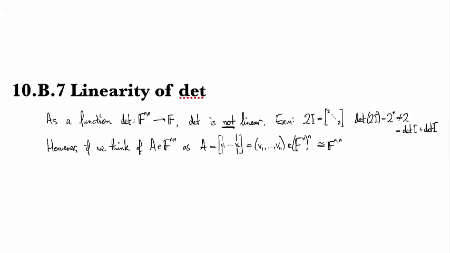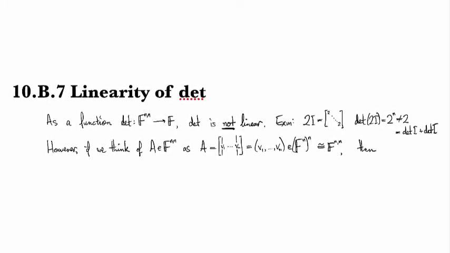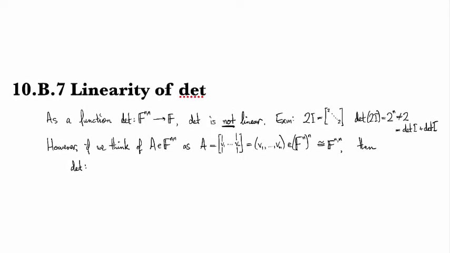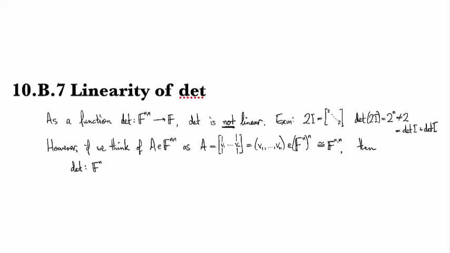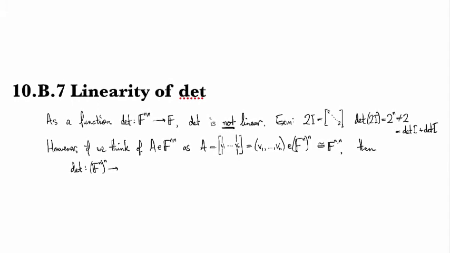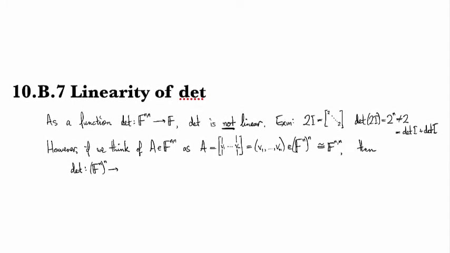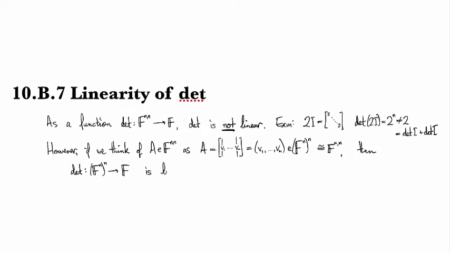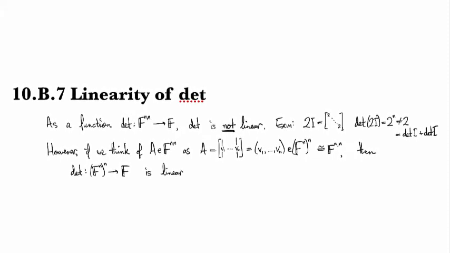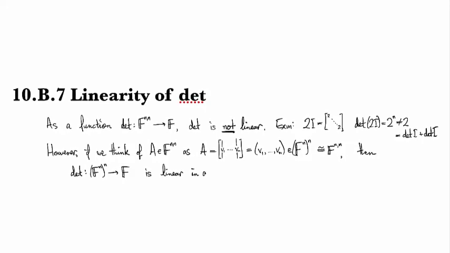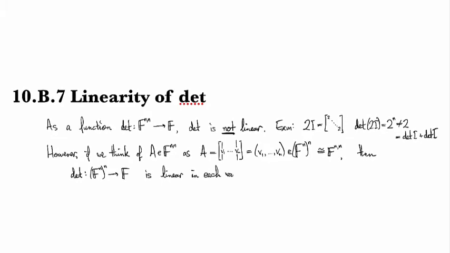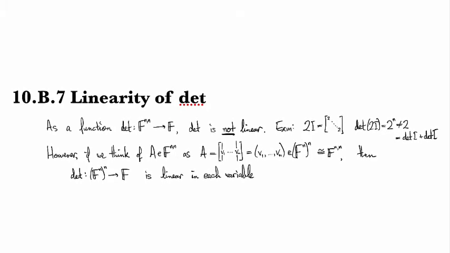Then det, as a function on n variables, each one of which is an n-vector, is linear in each variable, in each slot.